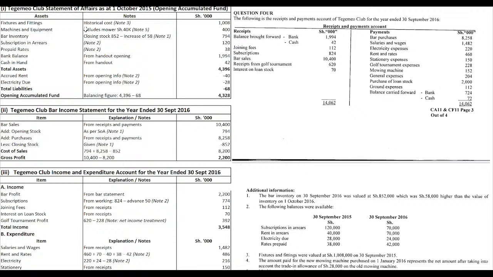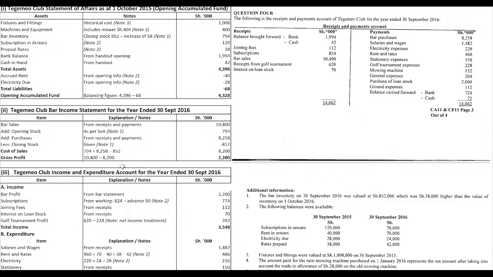But from our statement of affairs, which we have calculated, it is now 794 after deducting the higher value of that inventory, so we retrace that. Then you also have the purchases, which was 8258. Then you also have to deduct the closing inventory, which we are given as 852.